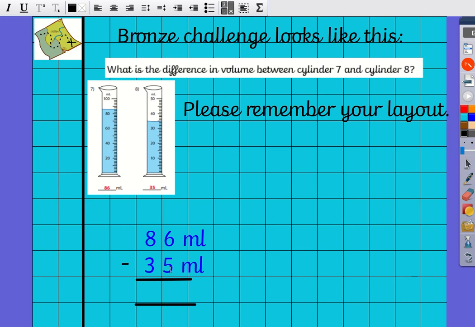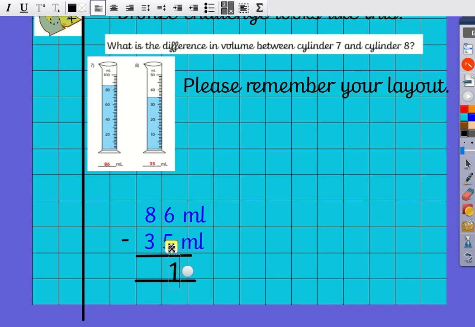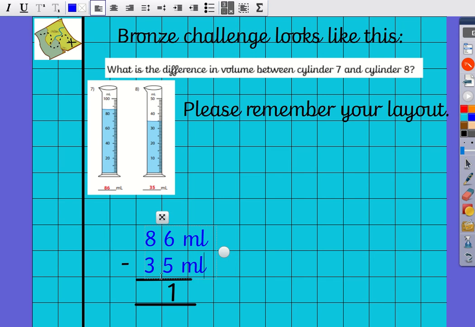So let's have a little look. 6 take away 5. Our answer is going to be 1, isn't it? And 8 take away 3, our answer is going to be 5. Oh, wrong side, Mrs Edwards. Our answer is going to be 5. Computer's been a bit silly tonight.